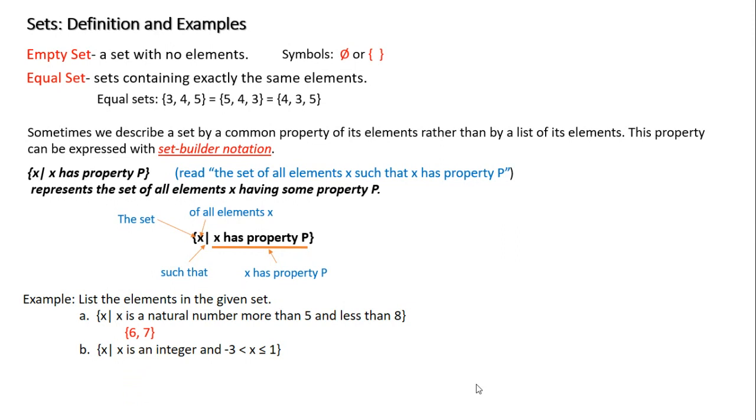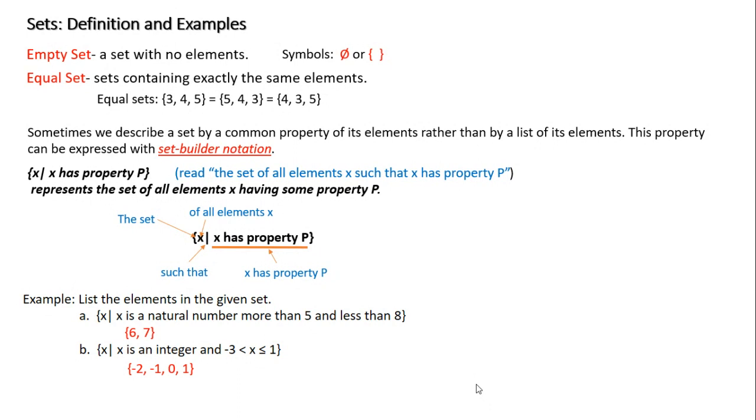So let's look at B. X such that X is an integer and X is between -3 and 1. When we're talking about the integers, we're looking at both negative and positive numbers. But we also have another condition. We want only the numbers between -3 and 1. In interval notation, we want x to be greater than -3 and less than or equal to 1.